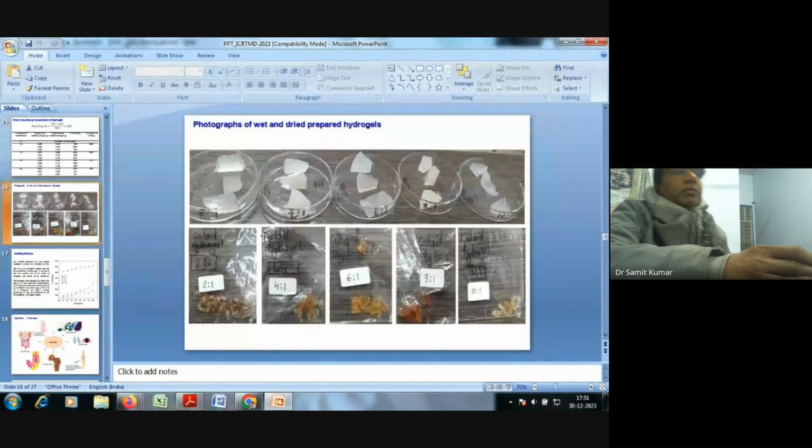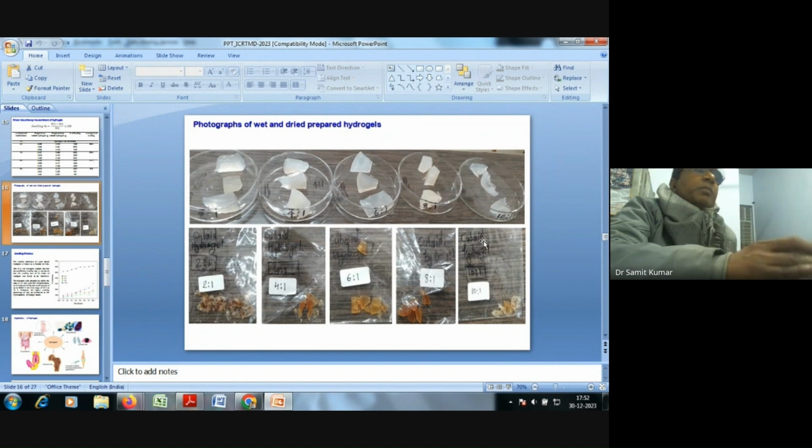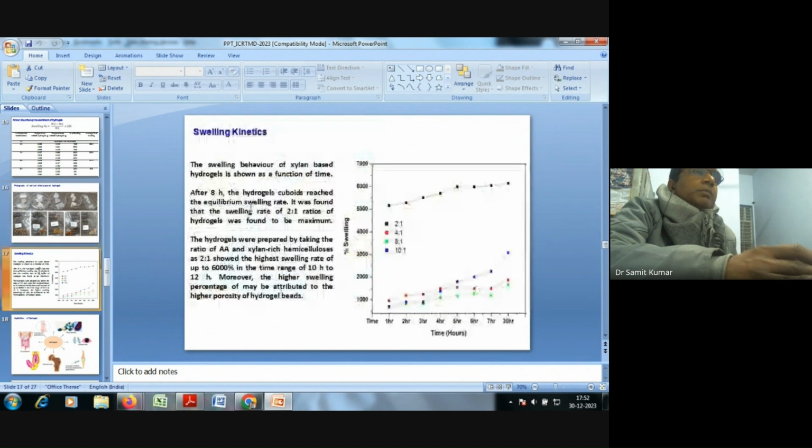Further, these are the photographs of wet and dried hydrogels which I prepared in the lab. Now, this is the swelling kinetics.